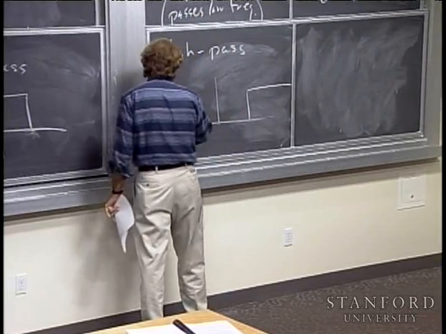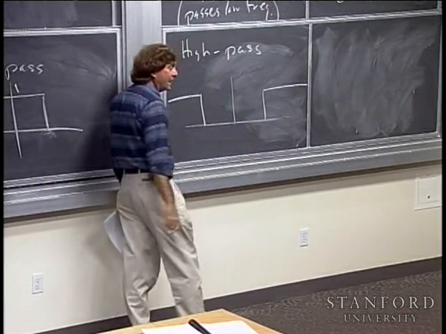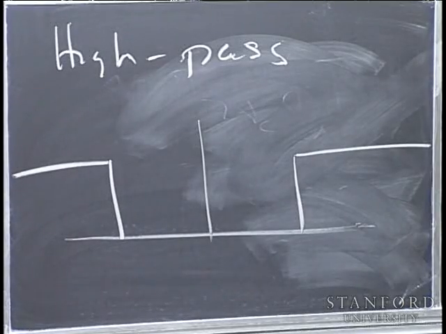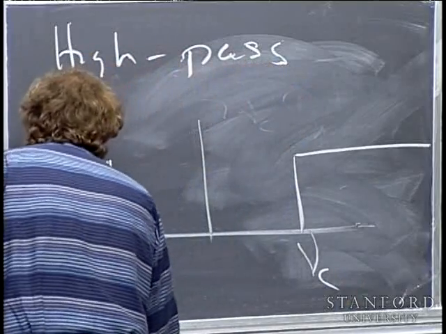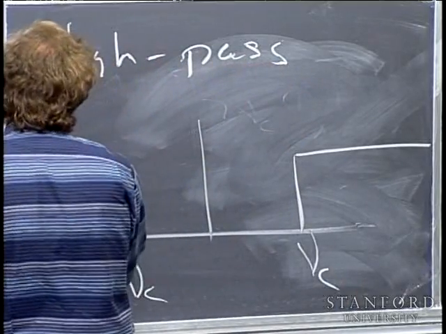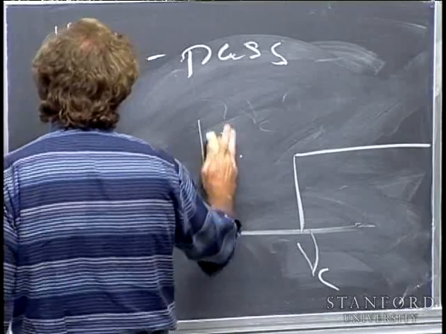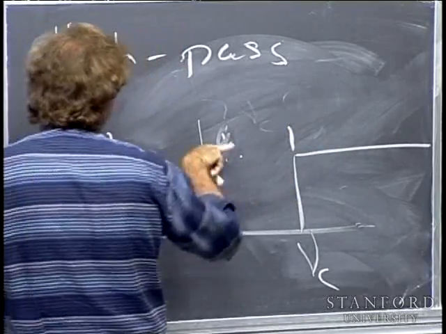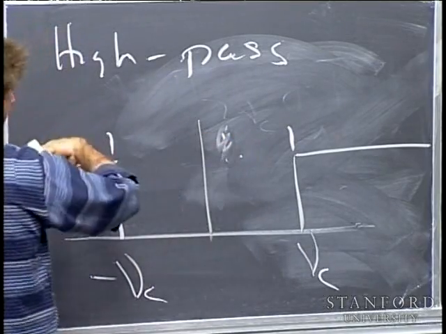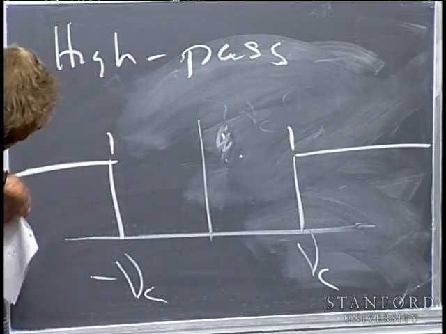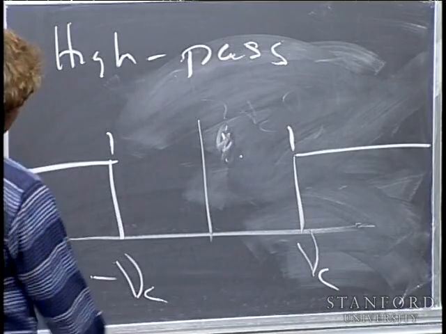I'm keeping everything symmetric again because mathematically we have both positive and negative frequencies. So there's a cutoff frequency, nu sub c and minus nu sub c. The function would be 1 going out, ideally to infinity, from nu sub c, and going out to minus infinity, and then it'd be 0 in between.